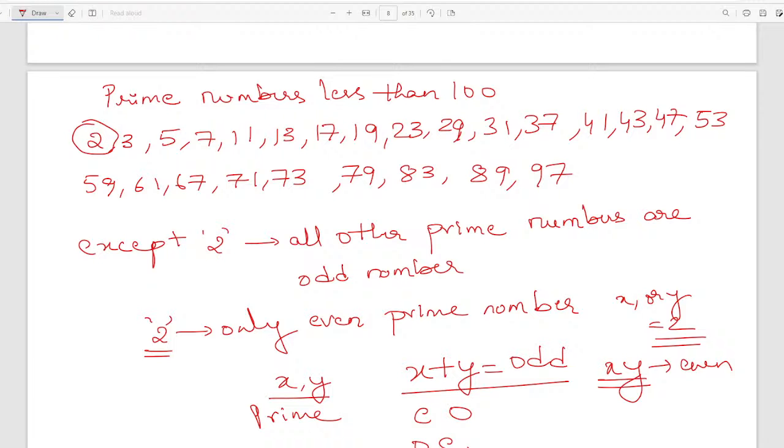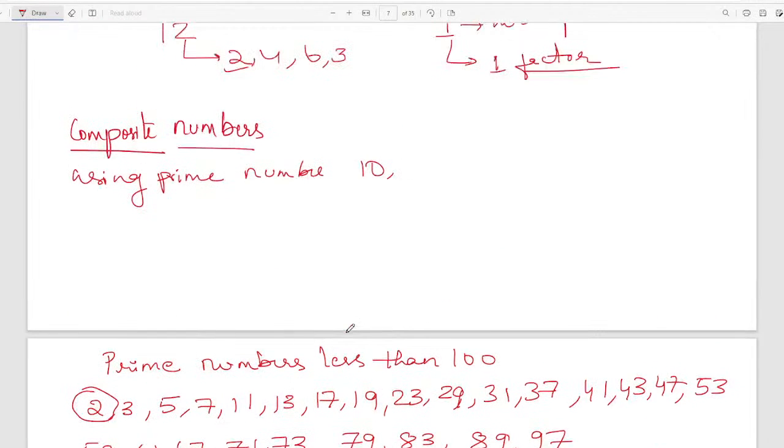See, composite numbers are any numbers which are composed of prime numbers. Numbers which are not prime numbers are composite numbers. For example, 15 is 3 into 5. It is a composite number because it is composed of two numbers, 3 and 5. 20 is composed of 2, 5, and 2.